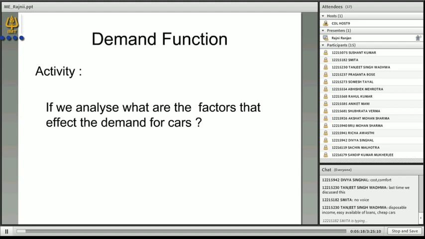Okay, disposable income, easy availability of loans, cheap cars.